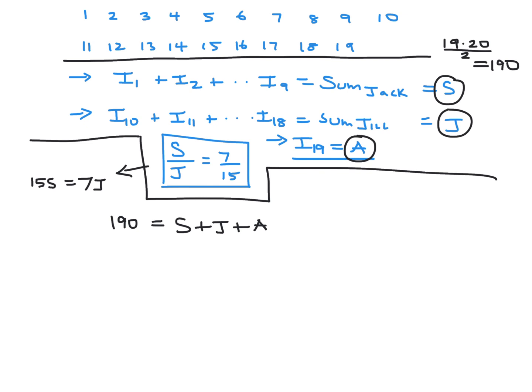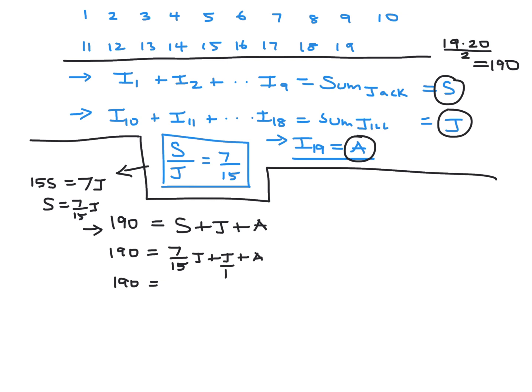Okay, let's substitute that in, and let's make S into 1 first. So S is 7 over 15 J, and then we'll plug it in. So 190 is equal to 7 over 15 J plus J plus A. We still have two variables, but at least it's better than 3.